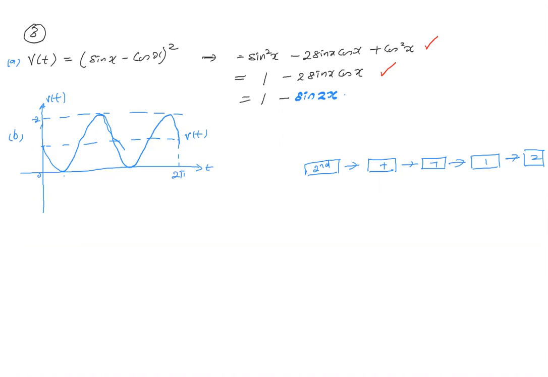Okay, so the evidence: the VT graph is always above the t-axis. Therefore, it moves to the right. Okay, correct or not?